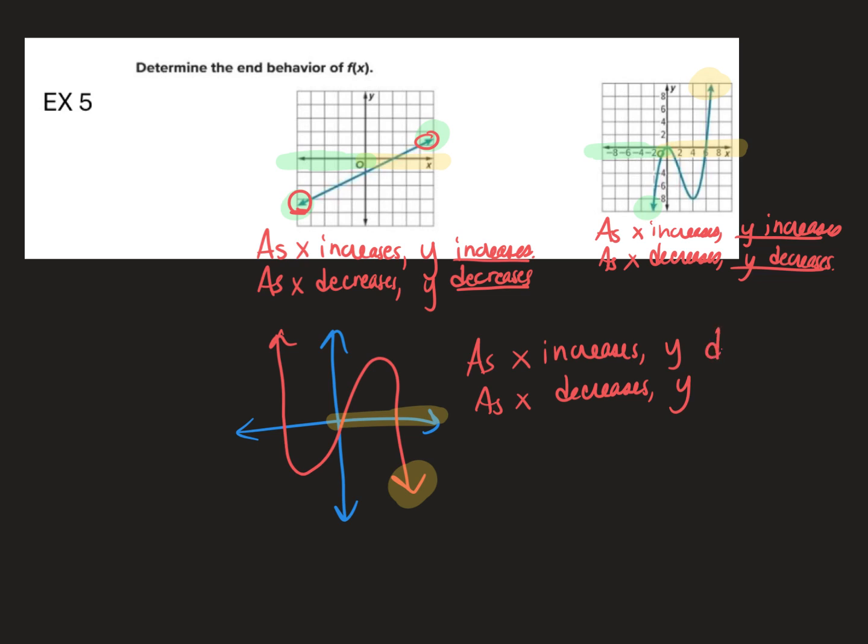So y decreases. And then as x decreases, that's this green, what is y doing? It's increasing. So y increases. If it's going up, it's increase. If it's going down, it's decreases. Okay.